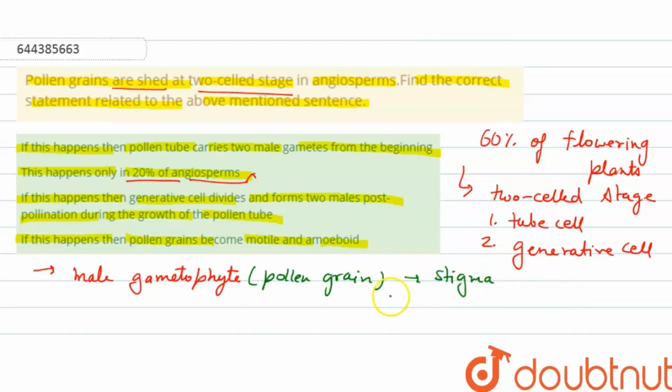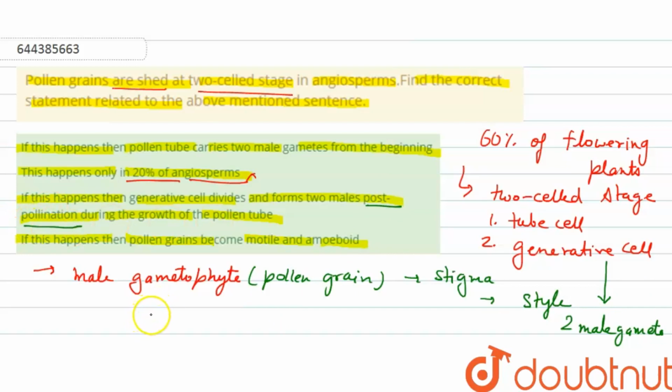And pollen grain gives rise to the pollen tube, which absorbs nourishment from the cells of the style, right? Then the generative cell divides to give rise to the two male gametes, okay, after pollination, or we can say the post-pollination, right?